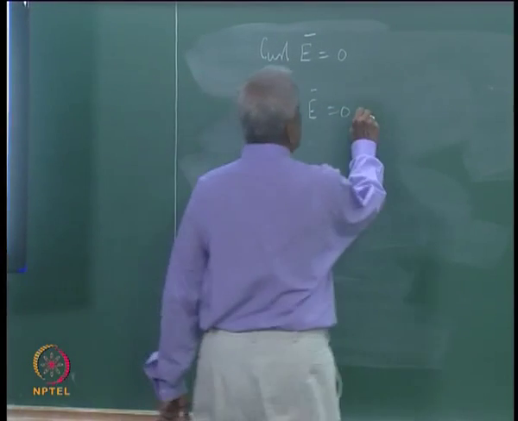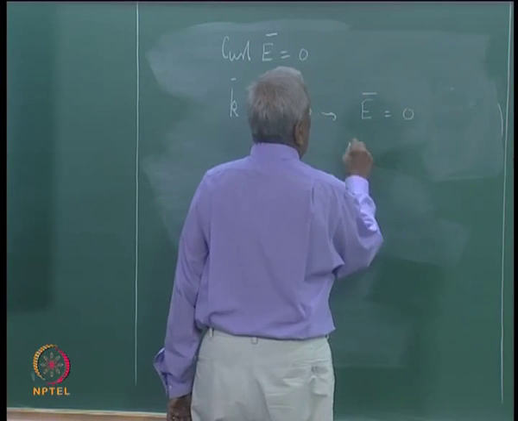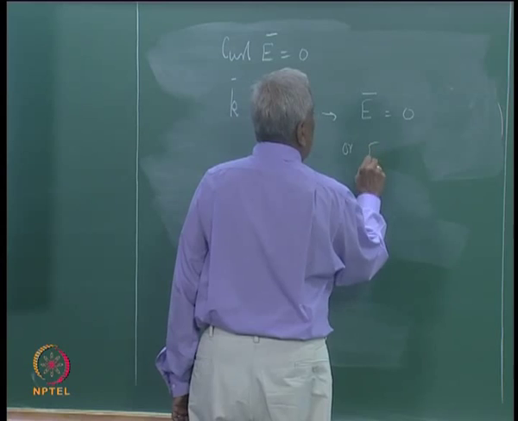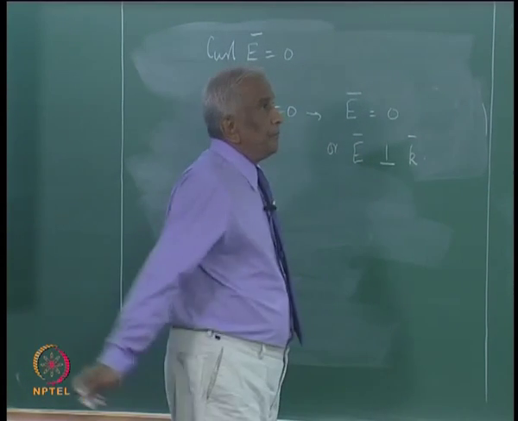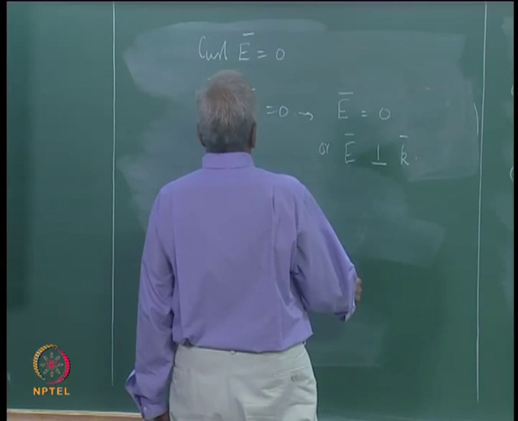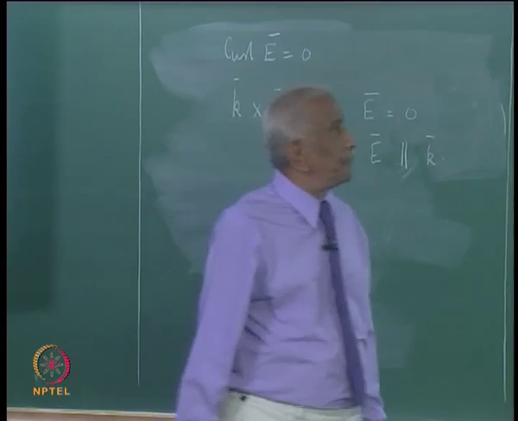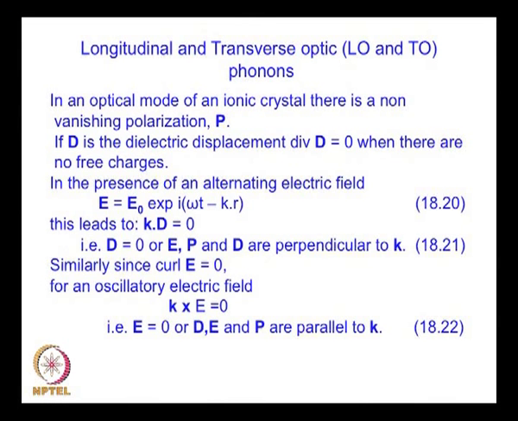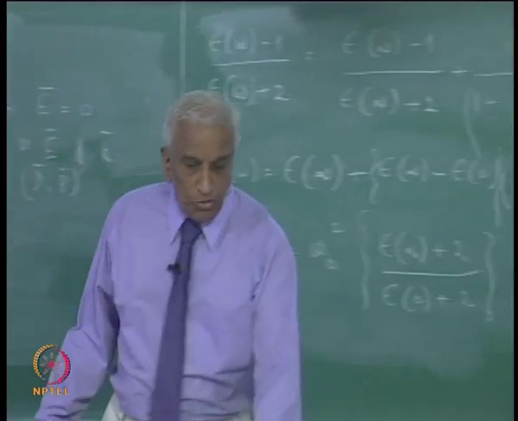This means either E itself is 0 or E is parallel to k. If E is parallel, so is D and P. So, these are the two possibilities.